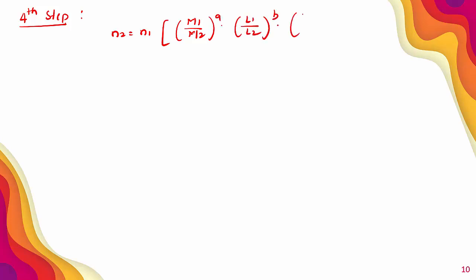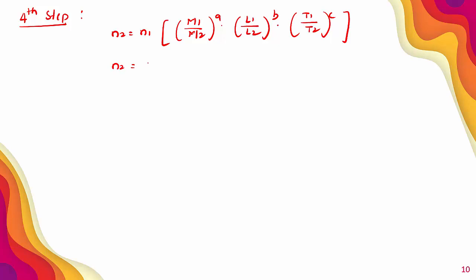What is the fourth step? The fourth step, we have to write the equation. What is the equation? N2 equal to N1 into (M1 by M2) raised to a, (L1 by L2) raised to b, (T1 by T2) raised to c. Now substitute all the values.